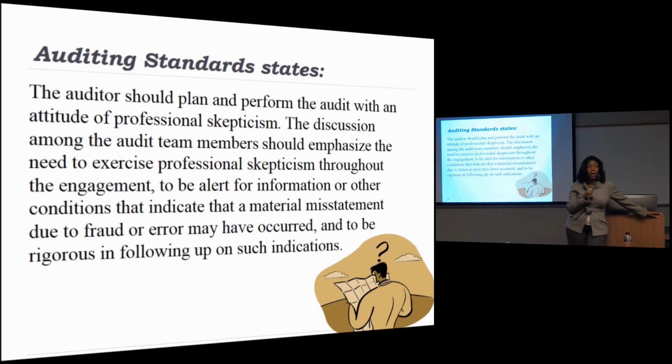What you don't know by looking at the PCAOB reports is whether the auditors were not skeptical and so they missed something, or they were skeptical but didn't act on that skepticism. So which do you think is more problematic?